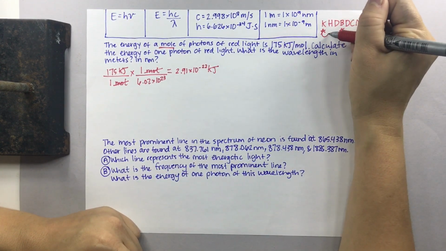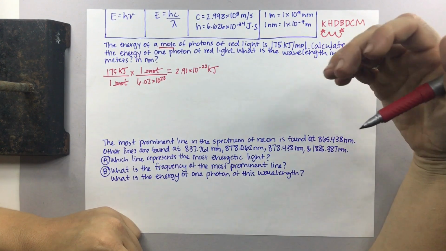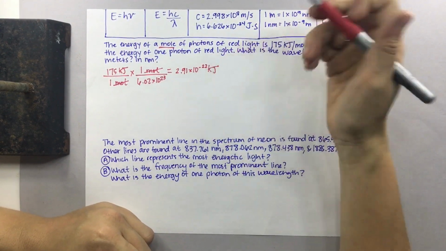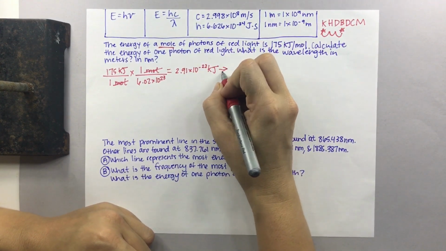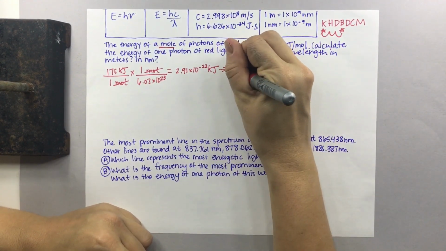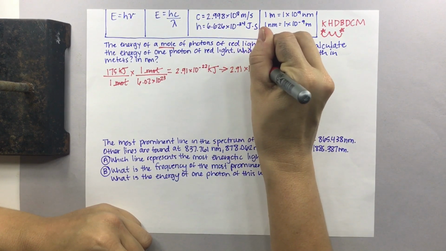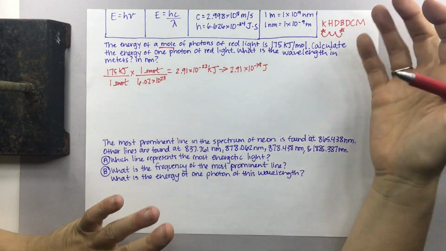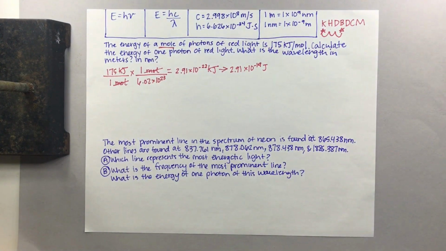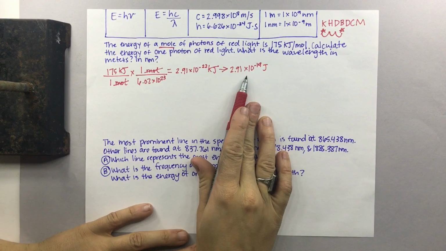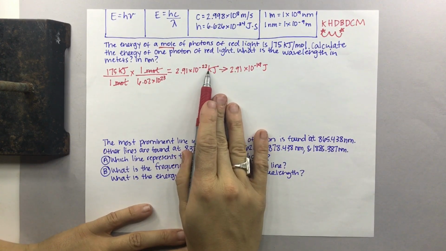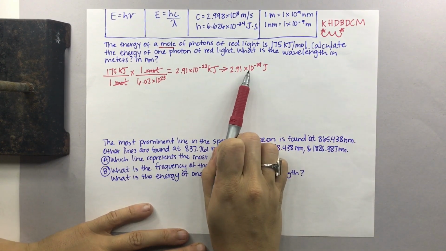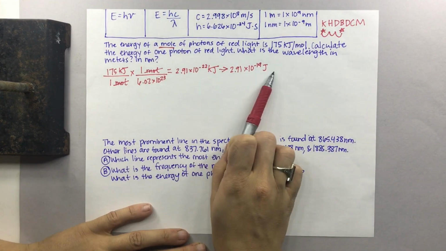So we need to move the decimal 1, 2, 3 times to the right. In terms of the exponent, this is going to be converted to 2.91 times 10 to the negative 19 joules. So far, so good. This is how many kilojoules is 1 photon, and this is how many joules of 1 photon. These are equivalent, they're just different units.